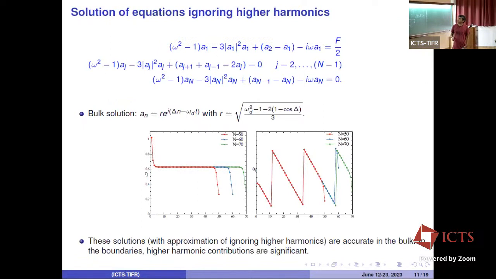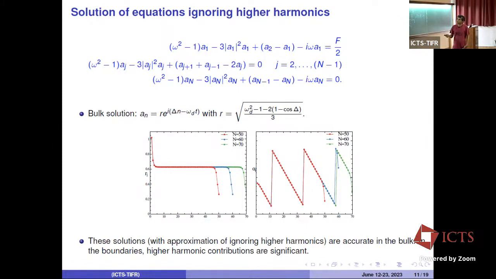Okay, so one of the things that we observe is that if you look at these effective equations where you ignore the higher harmonics, these are the equations for the amplitudes at each site. The A_i are the amplitudes, and you can solve these equations numerically, and this is what you observe.